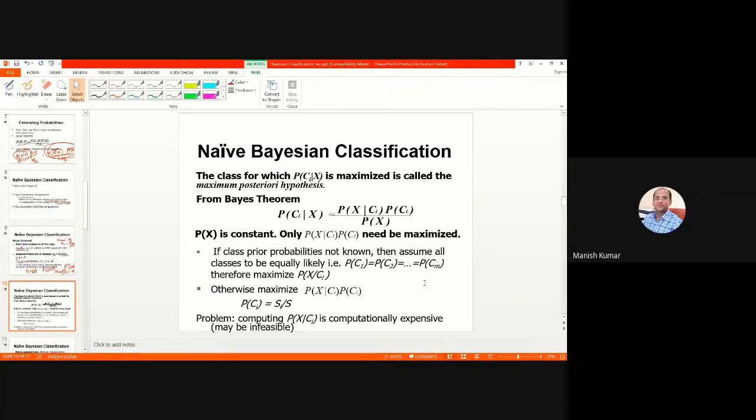We'll model this into a maximization function. This is my Bayes theorem in terms of class. Here P(x) is constant, so it will not affect anything, and only the remaining part needs to be maximized.